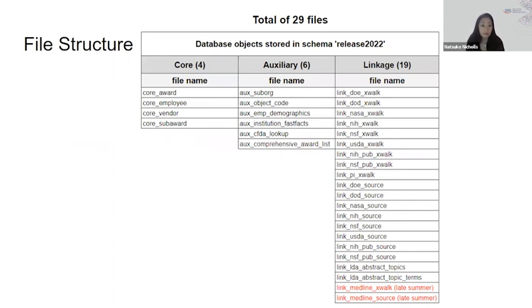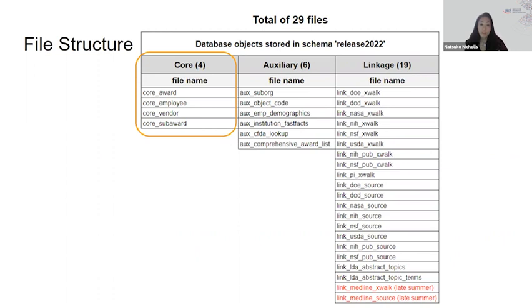Since 2015, IRIS has grown in membership and in the amount of data. We've built and organized the current data set with 29 files in the 3 collections: core, auxiliary, and linkage. Transactional data elements and structure in the core collection are the closest to what we receive from IRIS member universities.